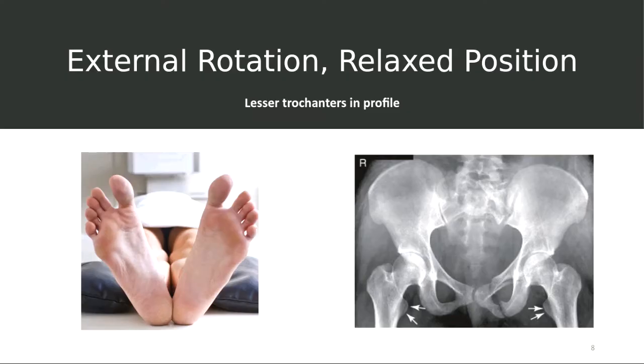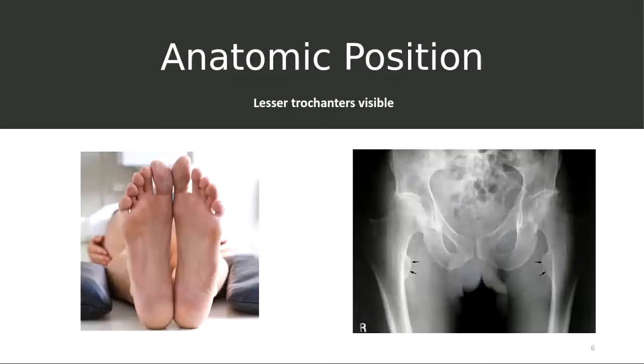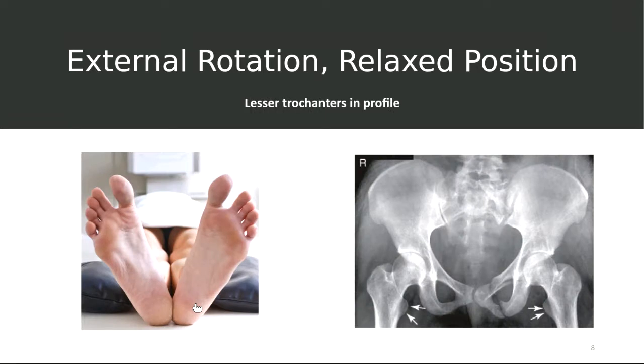When we do external rotation or a relaxed position, a lot of times this is how patients lay on the table. When most people lay down, they're not going to lay like the last position. It's just not a natural position. This is a much more natural position with the feet flopped out, externally rotated, or just relaxed.